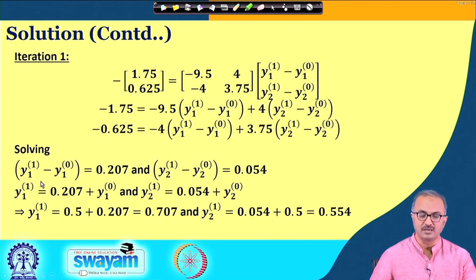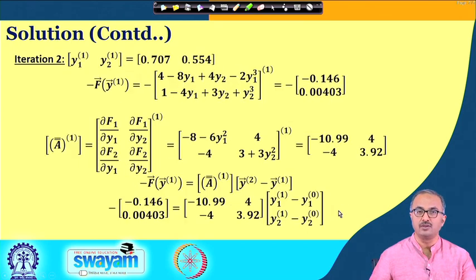I am not going into the detail of this evaluation of the y1 y2 values, you know it quite well. So, you can see that we are getting the values of y1 and y2 like this. Okay. So, after getting these values, we can see that we have moved from 0.5 up to 0.7 for y1, and we have moved up to 0.554 for y2.